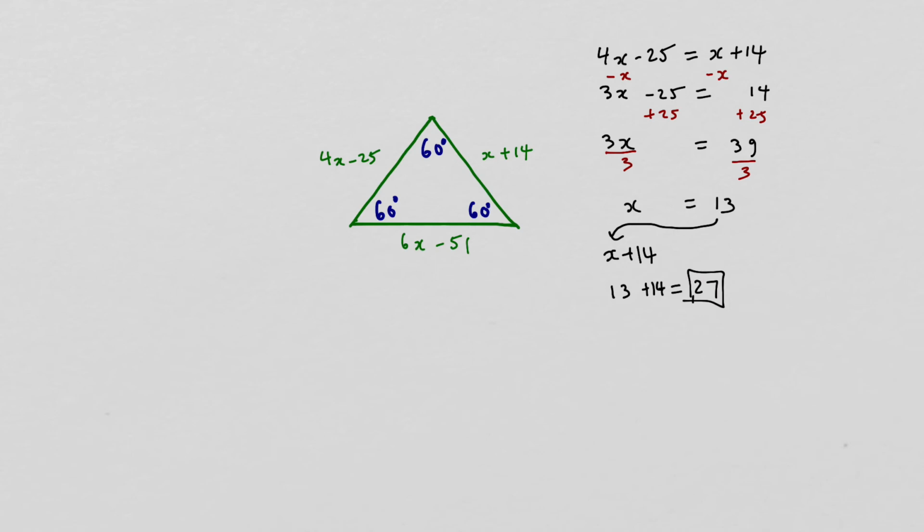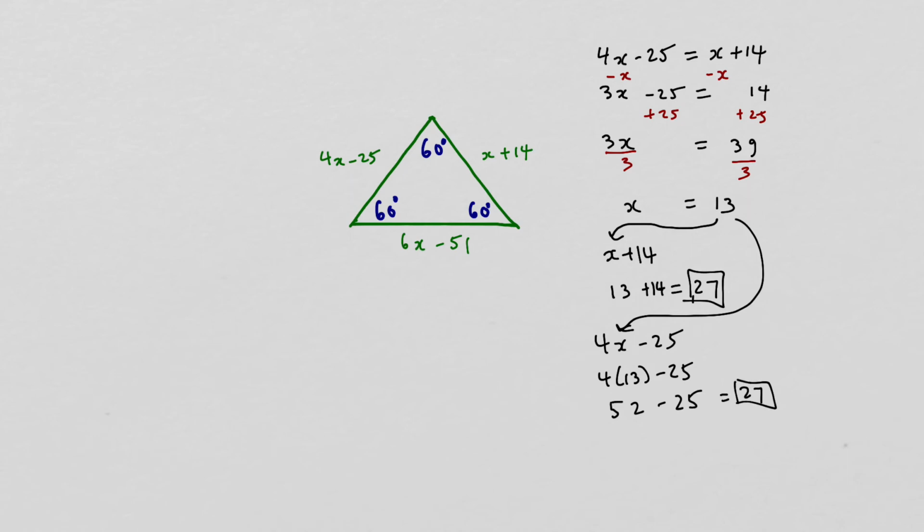Okay, let's try that out. We're going to use this side, 4x minus 25, and we're going to plug 13 in for x. So 4 times 13 minus 25 is the same as 52 minus 25, which is equal to 27.